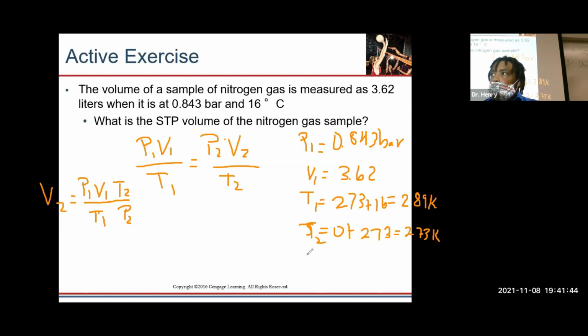And we have 1 bar. I told you guys 1 bar equals approximately 1 atmosphere. It ends up being 1.01325.